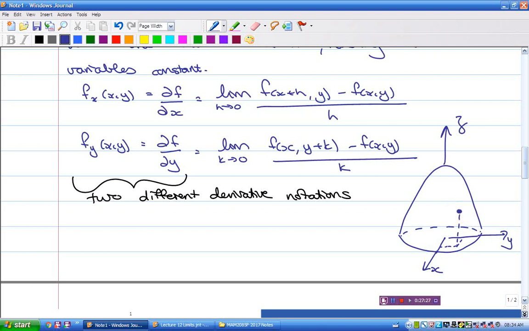There's a little ant standing over there on the paraboloid. Please keep quiet. If that little ant decided to walk in the direction of increasing x, it would be walking there. If it decided to walk in the direction of increasing y, it would be walking maybe there. Okay?